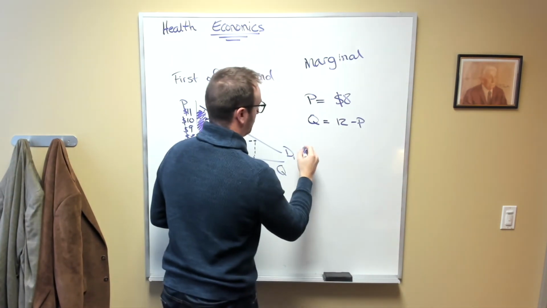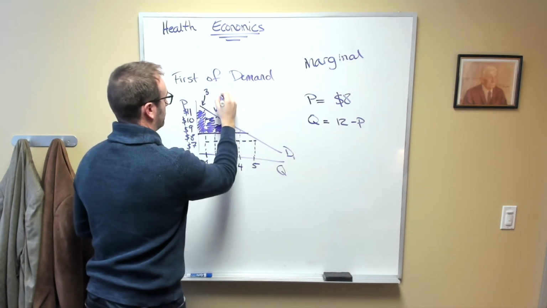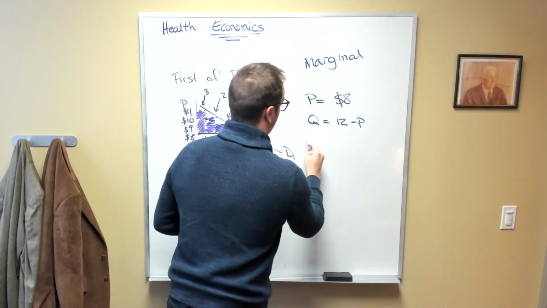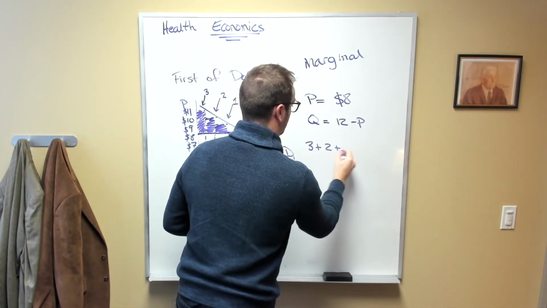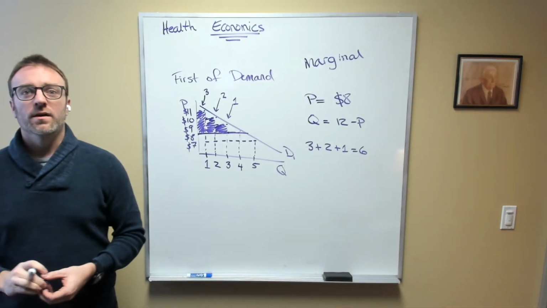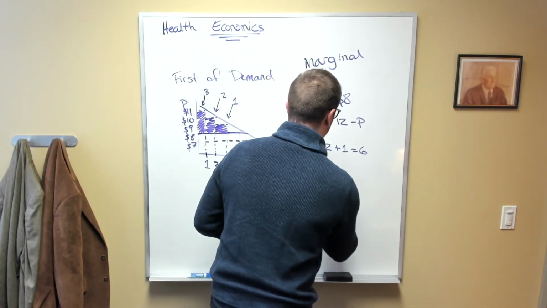Okay, and we get that by noting that this was $3, this was 2, and this was 1. And as we know, 3 + 2 + 1 = 6. This $6 is known as consumer surplus.